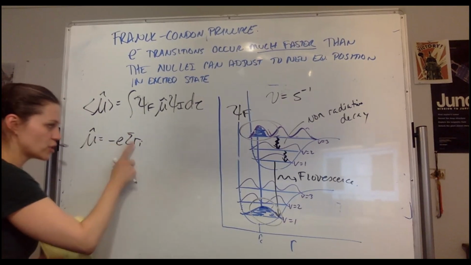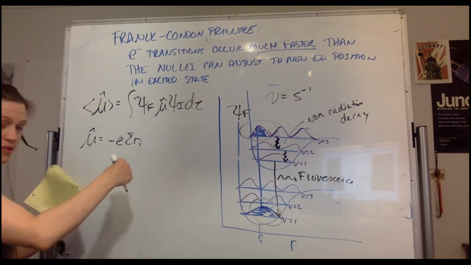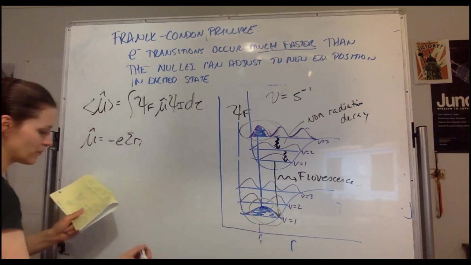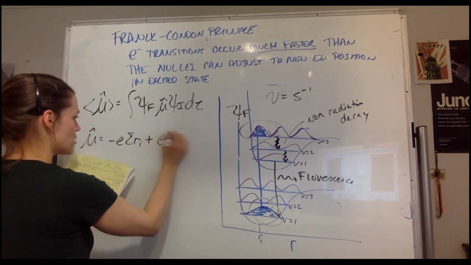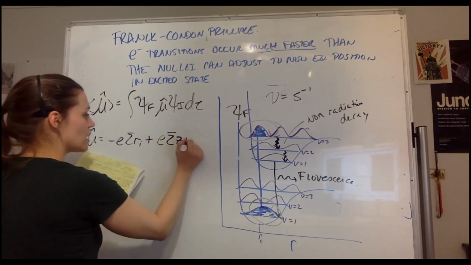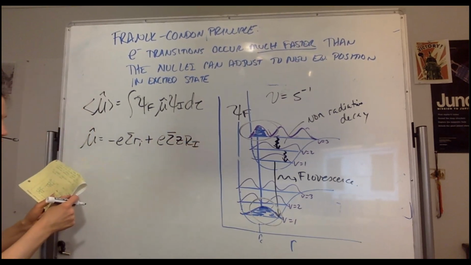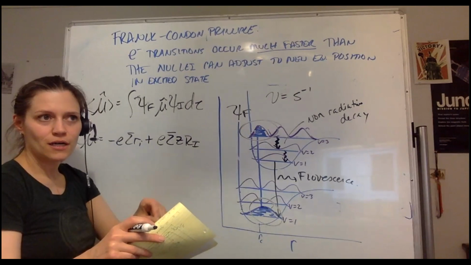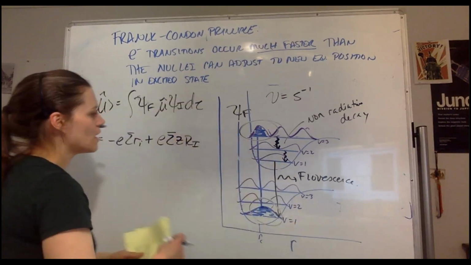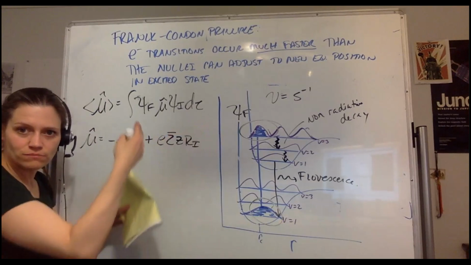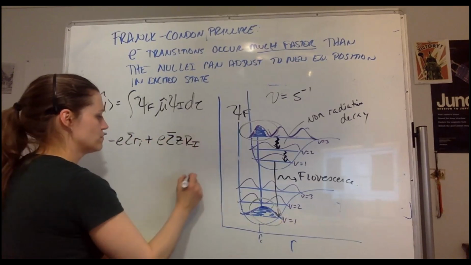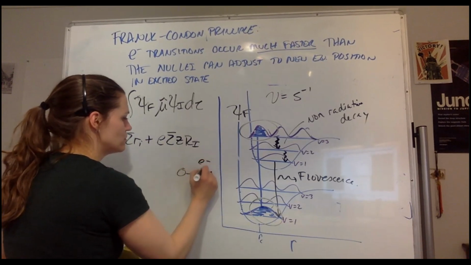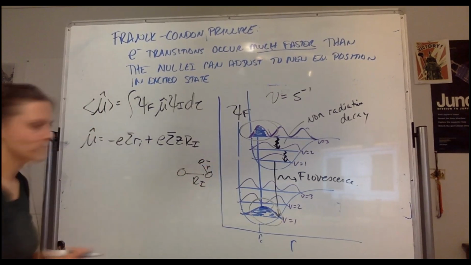So this is the electronic charge times the radius from within this molecule, the internuclear distance, plus the charge of the protons times the radius of each particular nucleus. If you have multiple nuclei, that's the radius of nuclei to nuclei, whereas this is the radius from the electron to the particular internuclear distance, R. Hopefully that made sense.